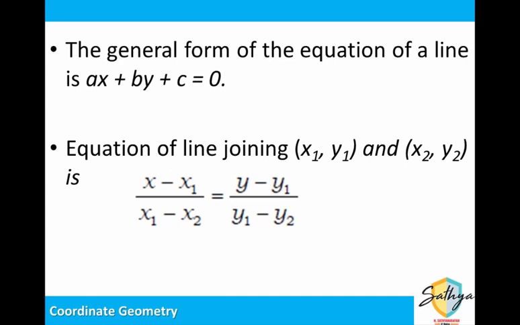So the equation of the line joining x1 y1 and x2 y2 can be formed by using the formula x minus x1 upon x1 minus x2 is equal to y minus y1 upon y1 minus y2. This is one of the most important equations. When you know the value of two coordinates, 2 points, the equation of the line which is formed by joining these 2 points is given by this formula.